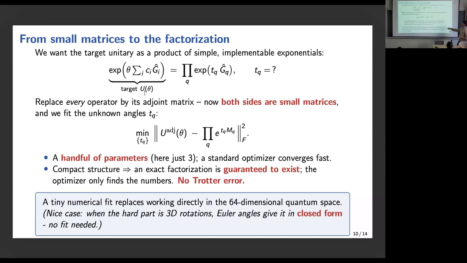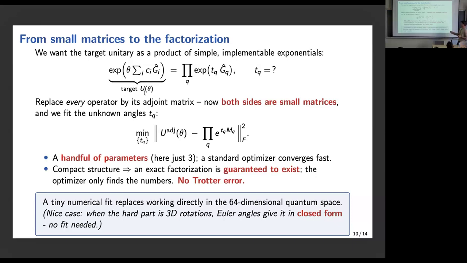The important step here is that for each of the operators in the hard part, you just replace the operator by its adjoint matrix. Since both sides are now just small matrices once you exponentiate them, we can use a small non-linear fit to find the unknown angles TQs. Once you have the TQs, you have the decomposition.